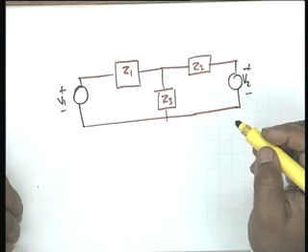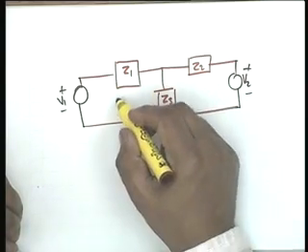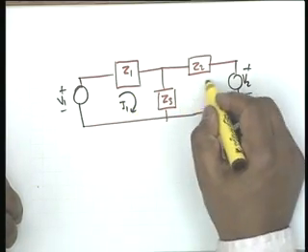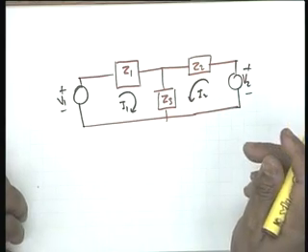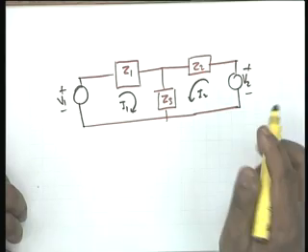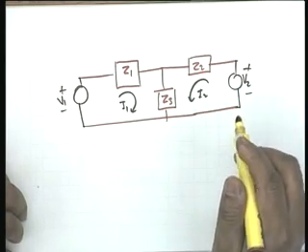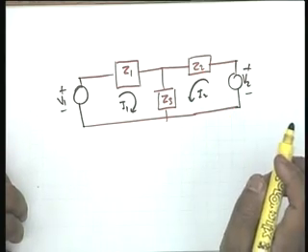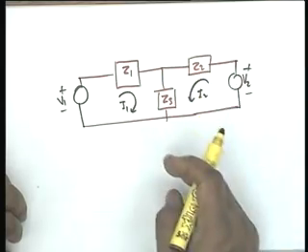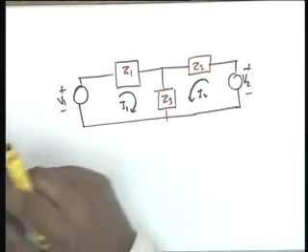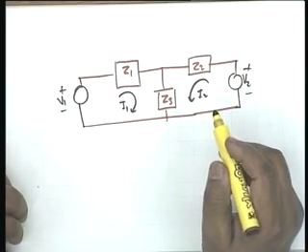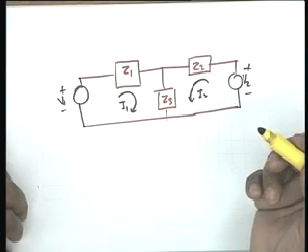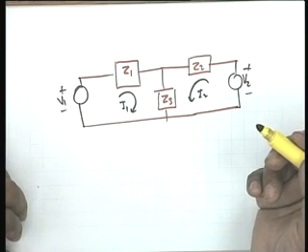Then write the mesh equations. Well, there are two meshes, I1 and I2. Write the mesh equations and solve for port 1 and port 2 currents. Here there are only two meshes, there could be more if the network was more complicated. You solve for I1 and I2, and that should give you the 4 y parameters.